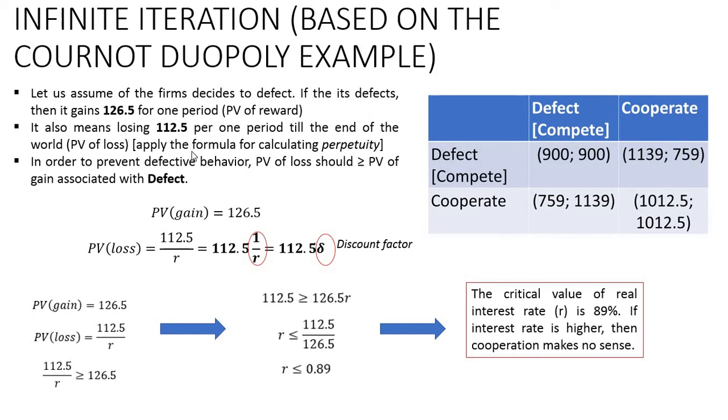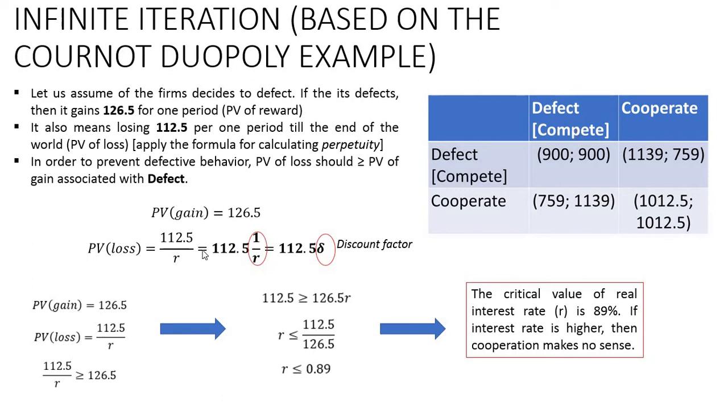And we have to calculate the present value of the loss. So if we know that the game is played infinitely and the grim trigger strategy is in place, so we will have the same outcome again and again for every period, then you can apply the formula for calculating a perpetuity.